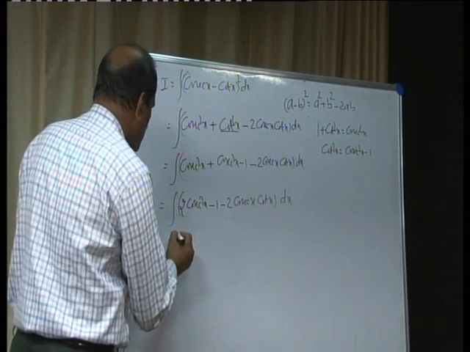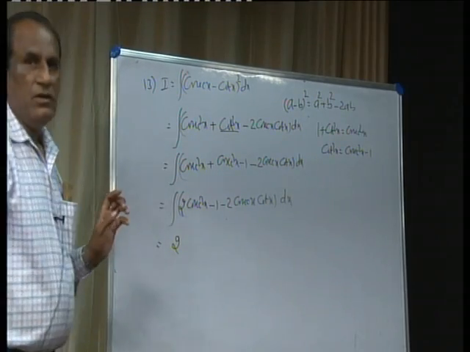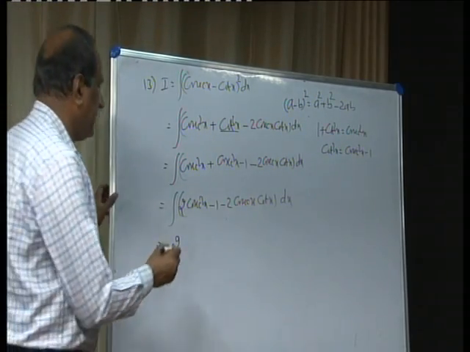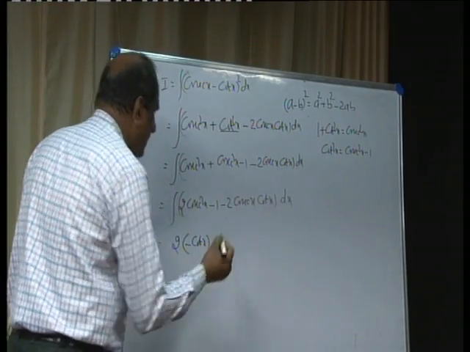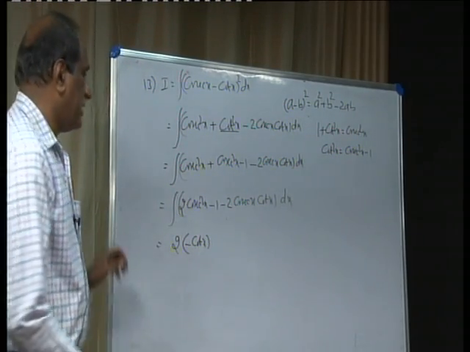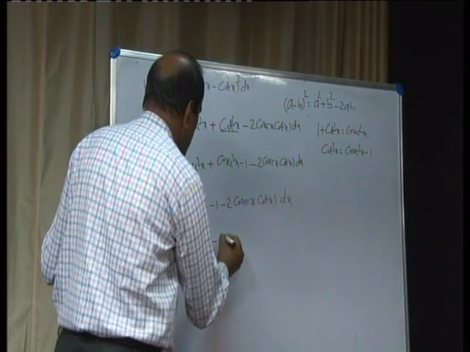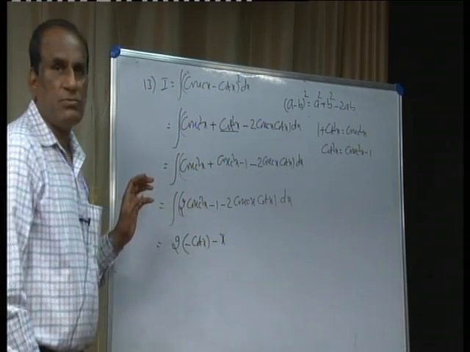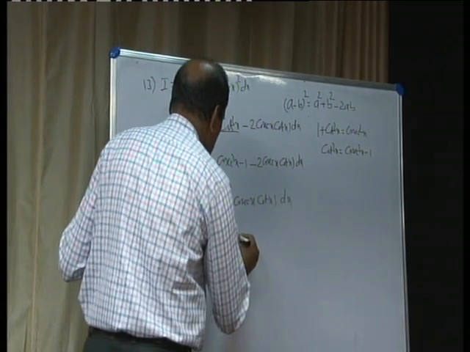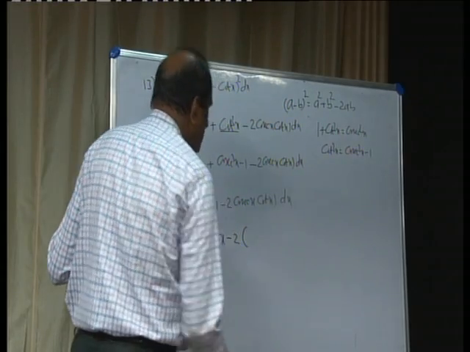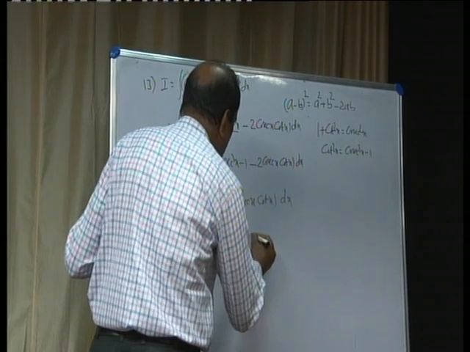Now 2 is a constant. The integration of cosecant square x is minus cot x. Then minus 1 with respect to x, integration is minus x. Minus 2 into cosecant x cot x, integration is minus cosecant x.